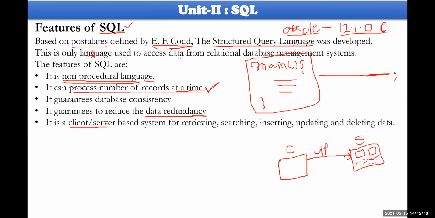Once you have successfully connected, that connection will be a virtual connection. That is not a physical connection. Physically, some wires will be communicating between the server and client. But once you have connected, the connection is temporarily disconnected, because if you are supposed to apply any query which is used to get data from the server, only then the connection will be re-established and the data will be picked up from the server and thrown to the client.